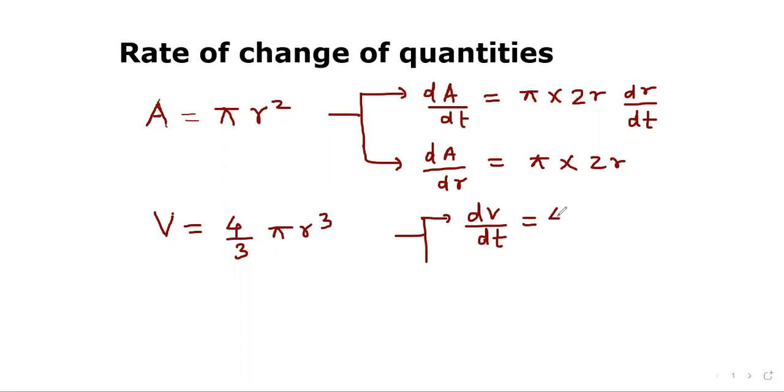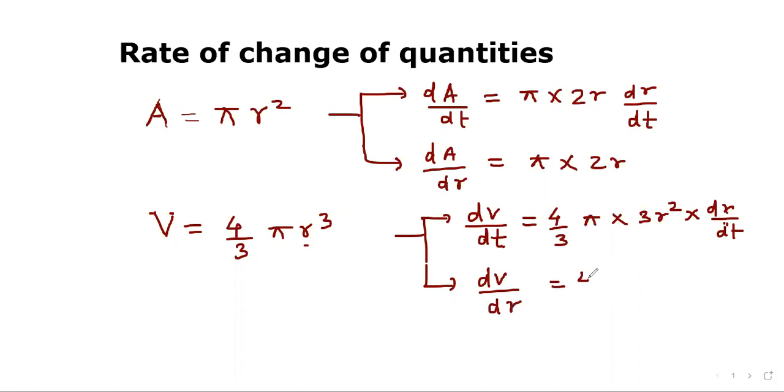In that case, it will be 4 by 3 pi into r cube will become 3r square times dr upon dt, since volume is changing with time, so r will also change with time. But if we differentiate this with respect to r, we don't have to write dr by dr. So dV upon dr will be 4 by 3 pi times 3r square only. So this is the difference.